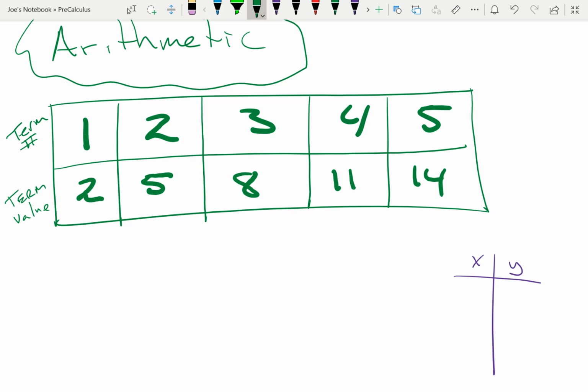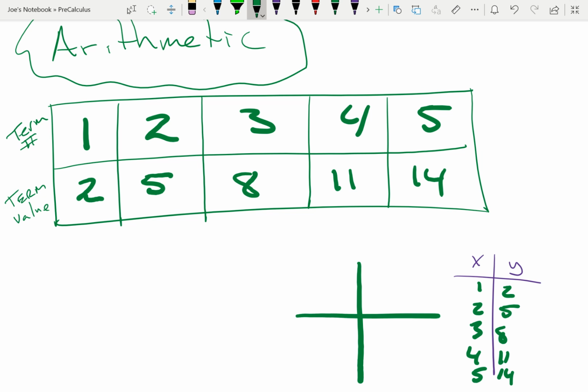Right? So let's look at this: 1, 2; 2, 5; 3, 8; 4, 11; and then 5, 14.